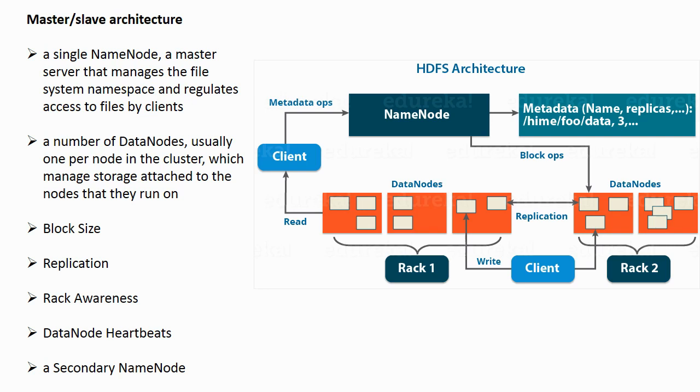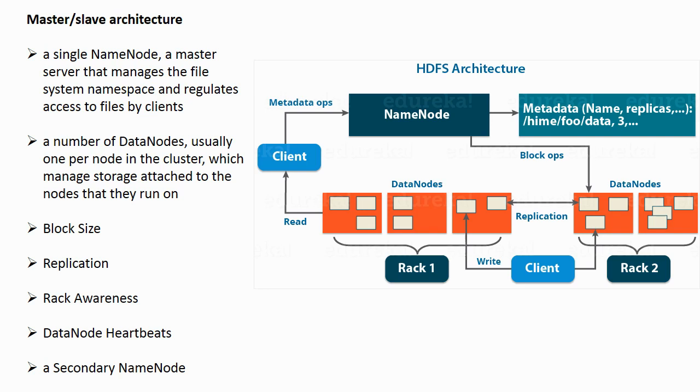And the next important concept in the HDFS architecture is rack awareness. So the name node not only knows which block of which file is on which data node, but it also knows which data nodes are on which rack, and how many racks there are. And again, we will see that this helps both with fault tolerance and to ensure high throughput.